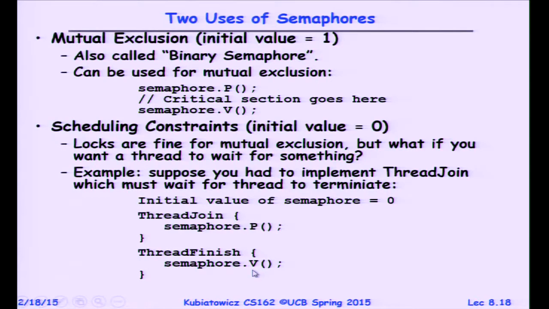Okay? So those are 2 extremely different uses of semaphores. And you can't do this with a lock, really. I mean, you could acquire the lock and then pass it to the child, but that's tricky, not as clean.